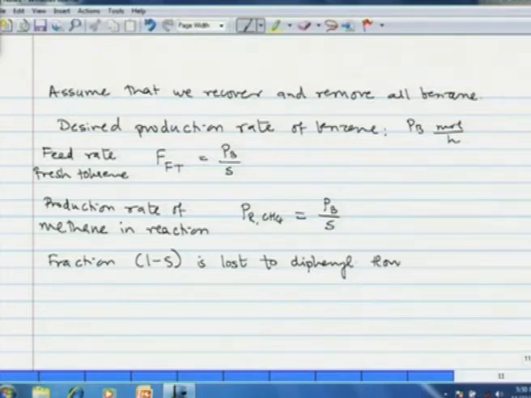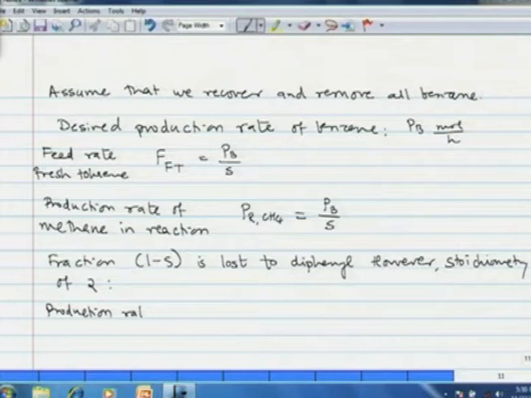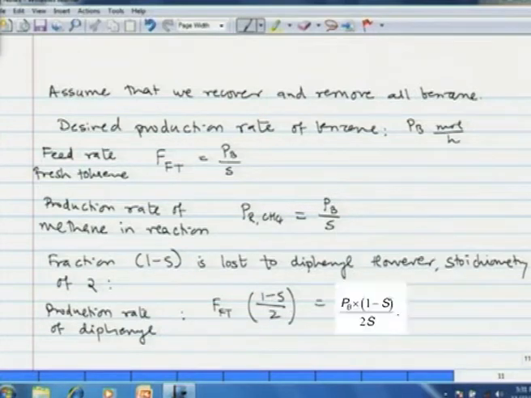However, since the stoichiometry is such that 2 molecules of benzene get converted to 1 molecule of diphenyl, we write the production rate of diphenyl as FFT into (1 minus S) by 2, or Pb by S into (1 minus S).